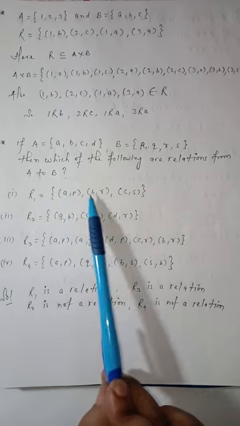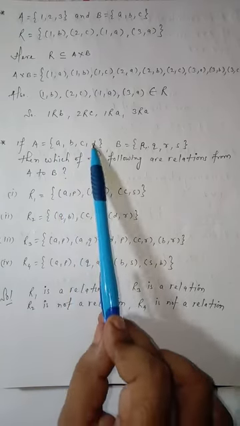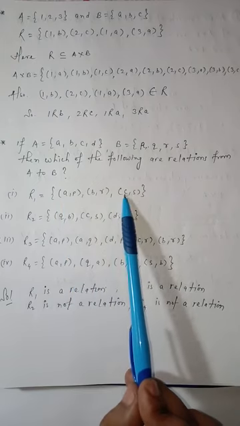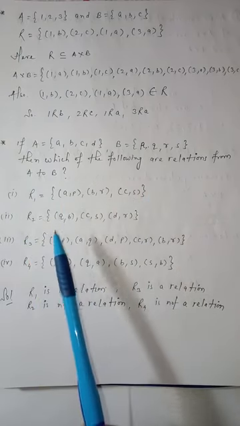But don't worry, a, b, c are present in A. Forget about d. No problem. So that's why this R1 is a relation, because R1 is a subset of A cross B.